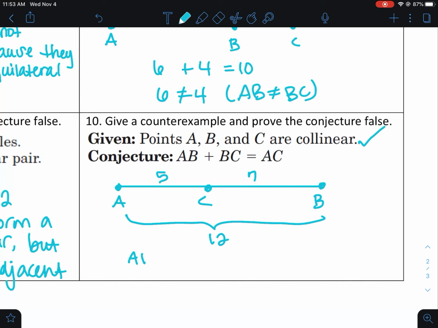So it says AB plus BC equals AC. All right, so let's see. AB is 12, BC is 7, and AC is 5. Is that equal? 12 plus 7 is 19. Does that equal 5? No. So we just proved that that is not always true. All we had to do was change the points around, but they're still collinear, so we didn't break the rule. The rule just told us that they had to be collinear.